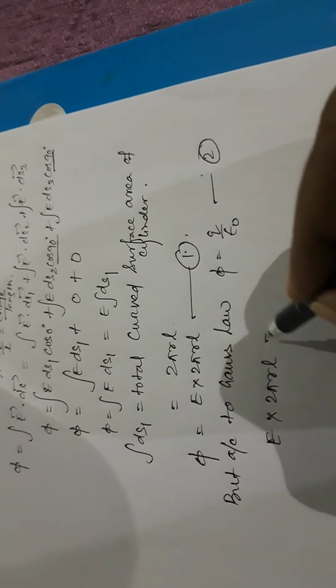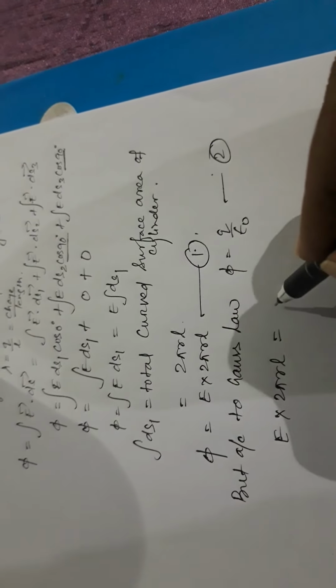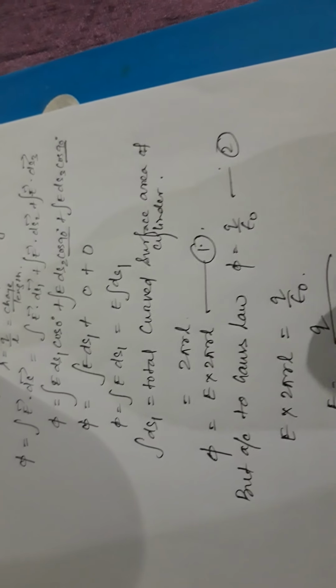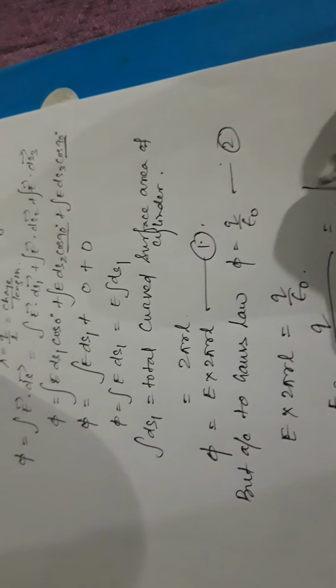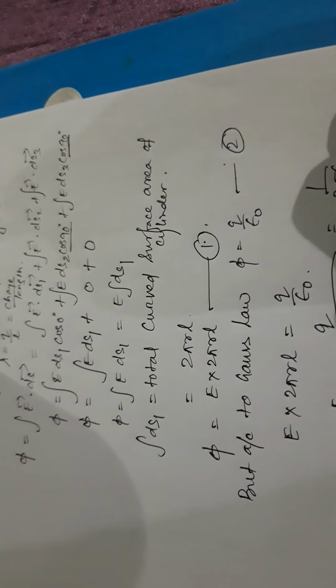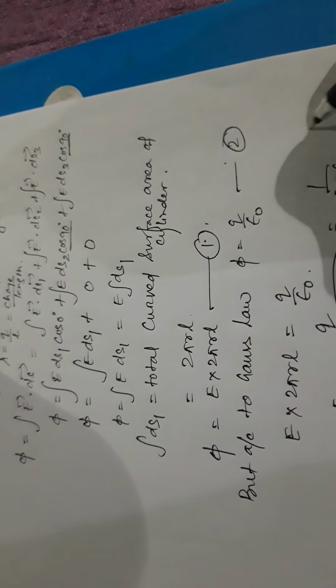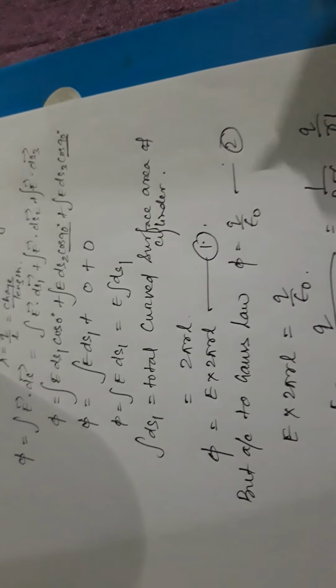Equating equations 1 and 2, we will get E into 2 pi RL is equal to Q by epsilon naught. Now E is equal to Q by 2 pi RL epsilon naught. Now 1 by 2 pi epsilon naught taken outside, Q by RL.